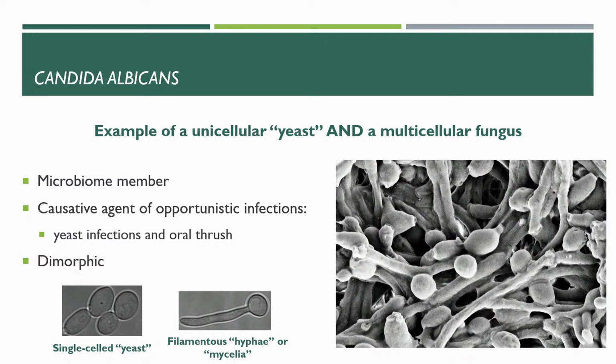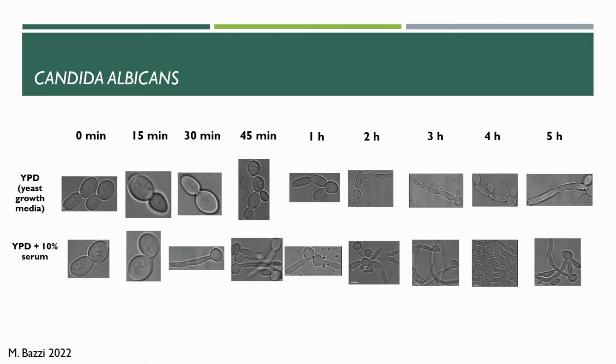These are actually images that I took, from a little experiment I did to see the hyphal formation over time in Candida albicans. So this is normal growth media for yeast, and you can see that you have these yeast cells, and then over time you start to form these hyphae.